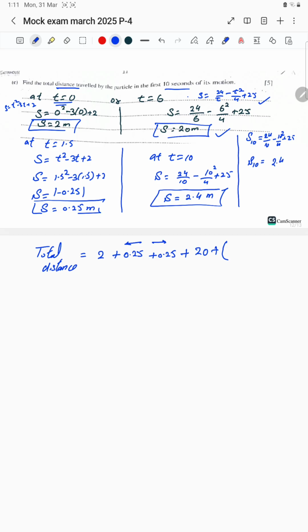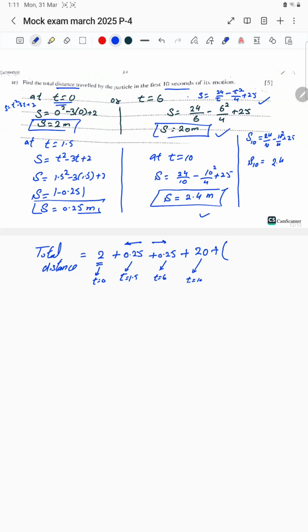The final value is 2.4. So this is S1 when t was 0, t was 1.5, t was 6 for both cases, and here t was 10. We have calculated 10 as well, right?